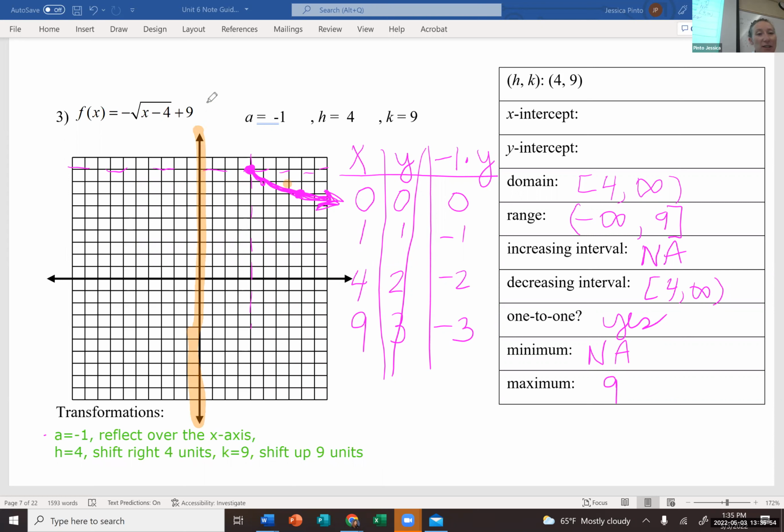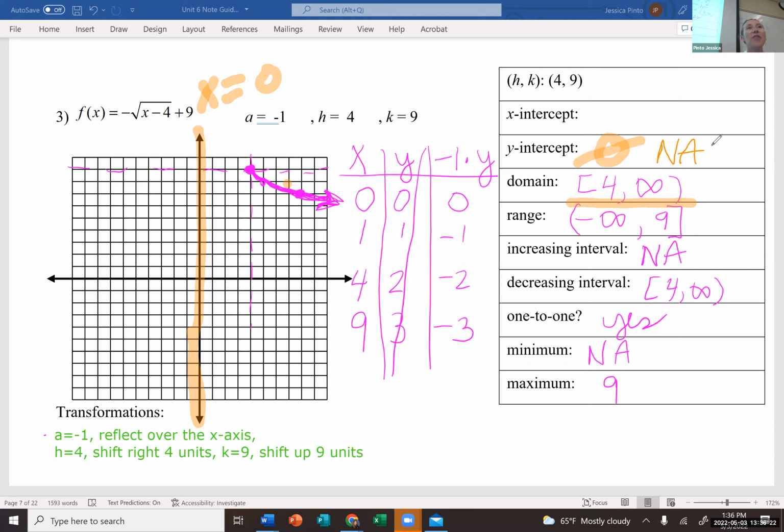And the x value here is x equals 0. But look at the domain. Is 0 between 4 and infinity? Is 0 between 4 and positive infinity? No. So it's not going to have a y-intercept. The y-axis will not be touched. So the y-intercept is empty set, or we can also say NA.